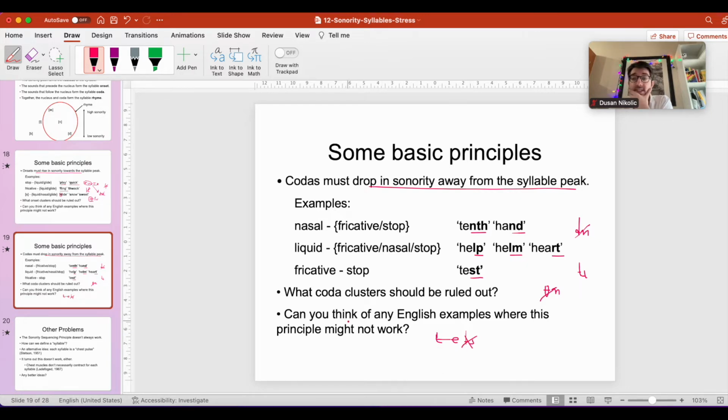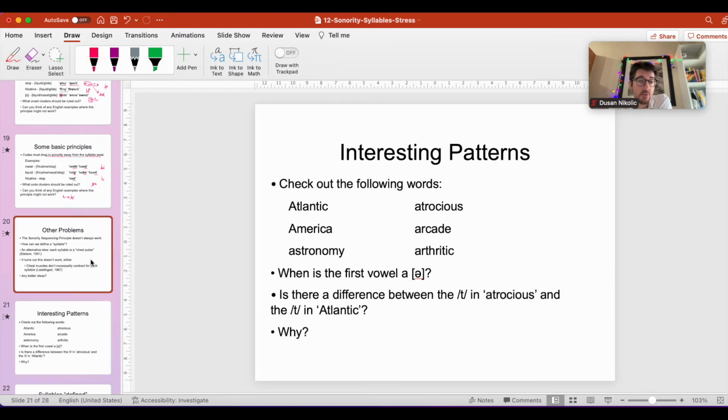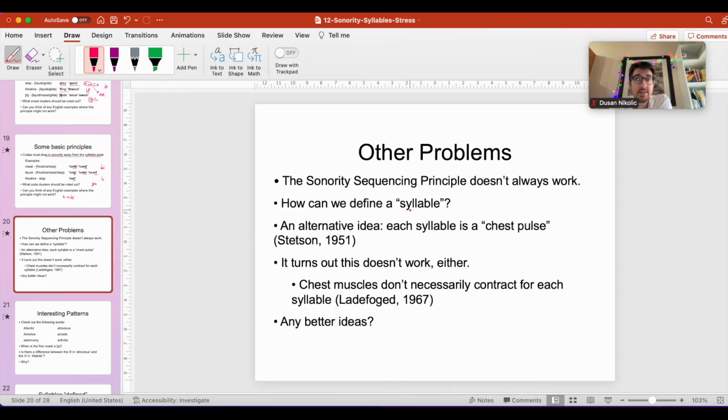Okay, so as I said, the sonority sequencing principle works 90% of the time, but it doesn't always work, and we mentioned some violations to this principle. I didn't want to mention more.